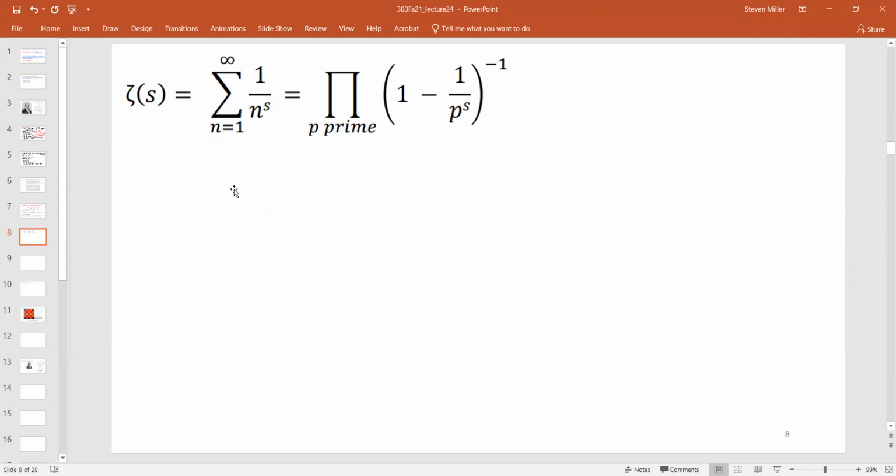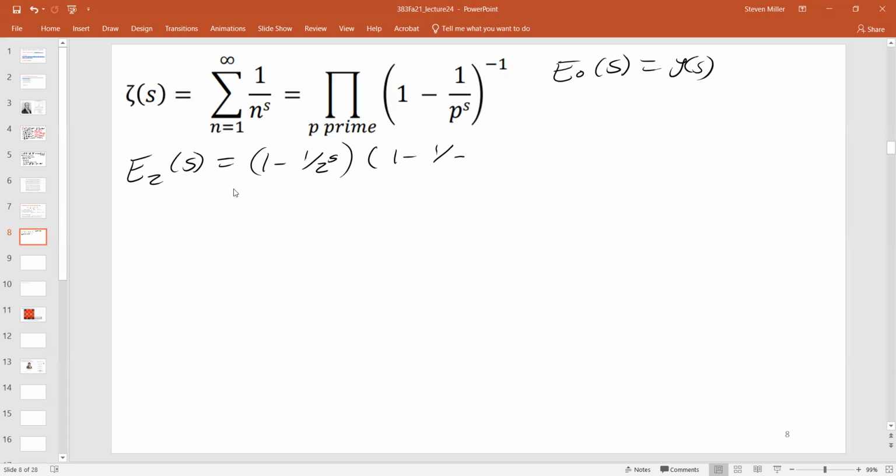I'm going to look at modifications of the zeta function. So let's define E0 of s to be the zeta function. And then I'll call E2 of s to be 1 minus 1 over 2 to the s times 1 minus 1 over 2 to the 2s inverse, times E0 of s.